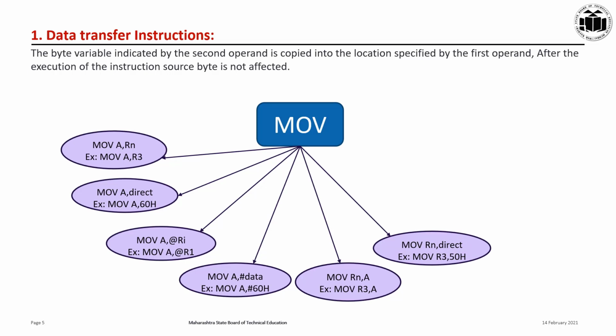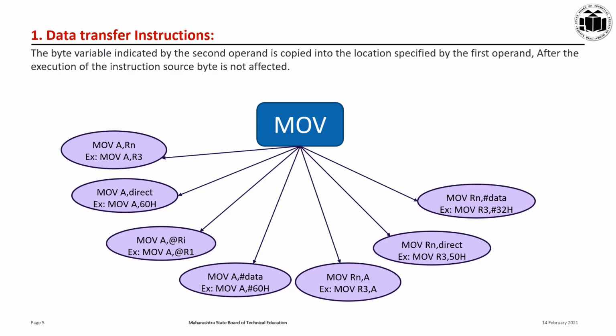MOV Rn, direct. It is used to move the content of a direct internal memory location given in the instruction to register Rn. Example, MOV R3, 50H. After the execution of this instruction, the content of memory location 50H will be copied to register R3.